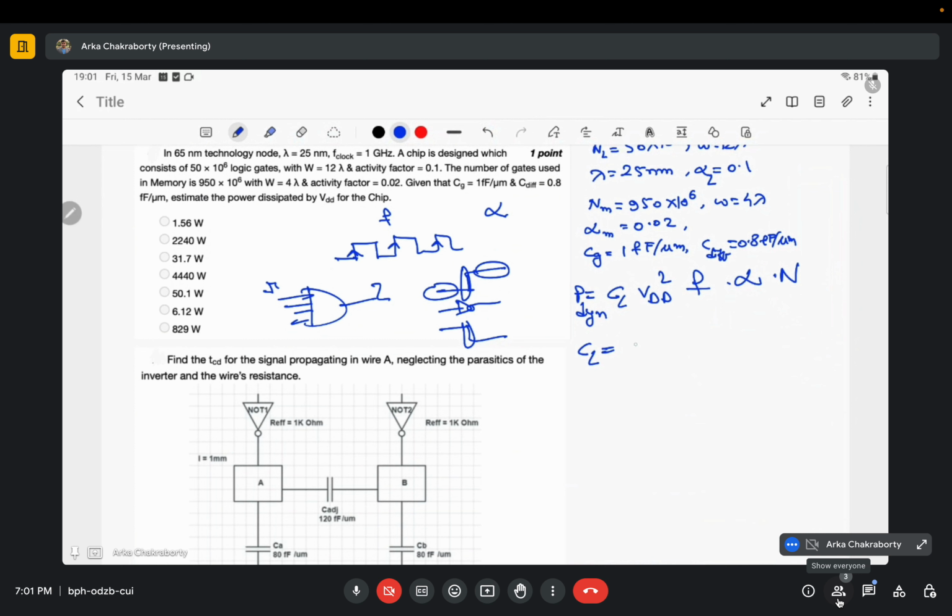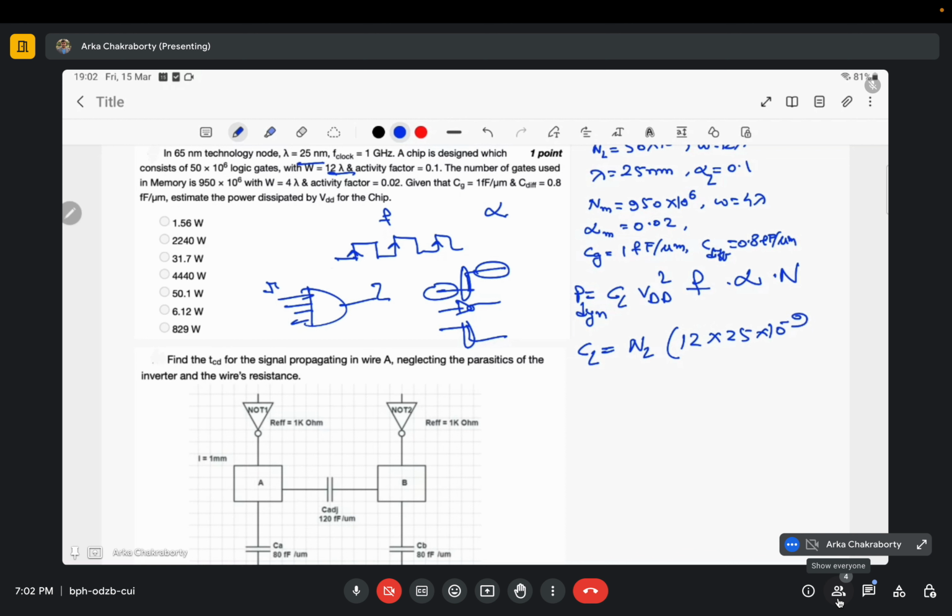CL would be basically, of course NL would come into picture because n number of gates are present, into, for a logic gate, how much is it? It is given as 12 lambda. Lambda is given as 25 nanometer, so 25 into 10 to the power minus 9.